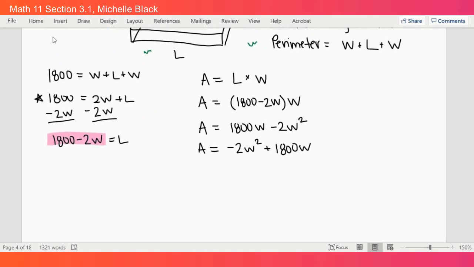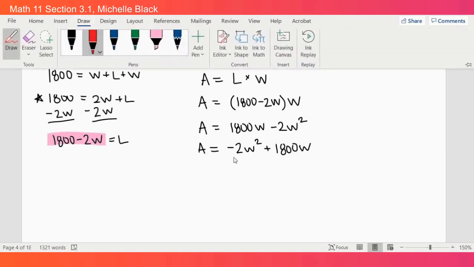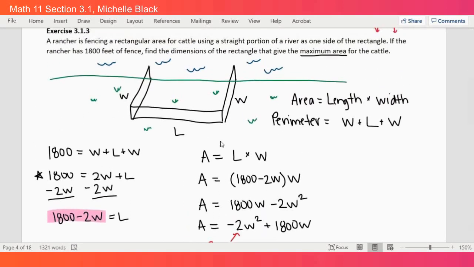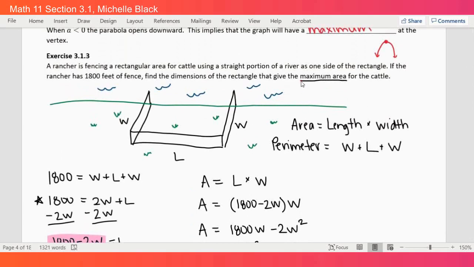Now, if this is a quadratic, I can identify a to be -2. And when my a is negative, that implies that my parabola opens downward, or that it has a maximum at the vertex. So this function will be maximized at whatever value of x is our vertex.